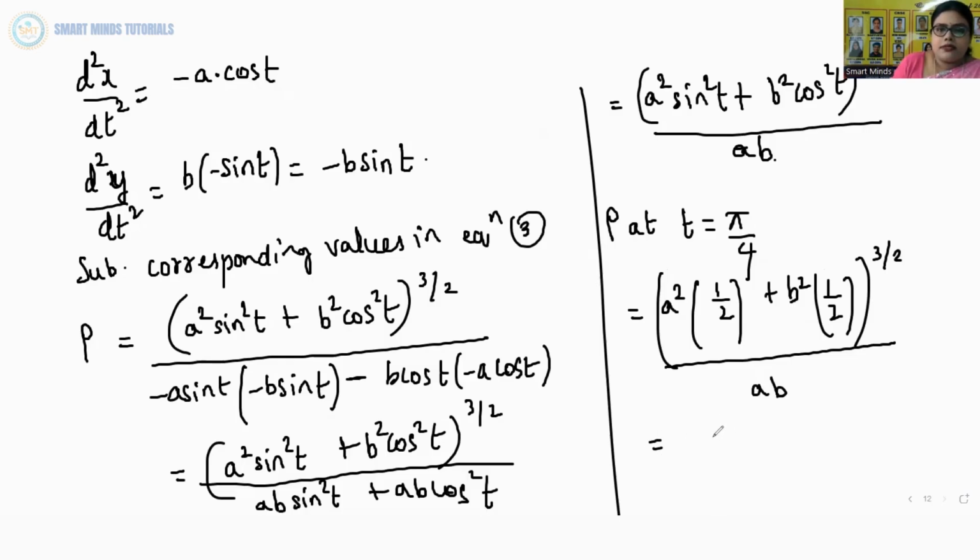So that is (a square plus b square) power 3 by 2 by 2 power 3 by 2 ab. This is the final answer.